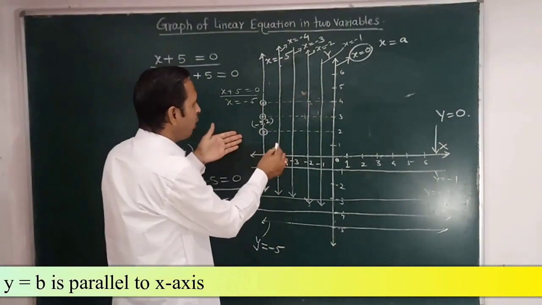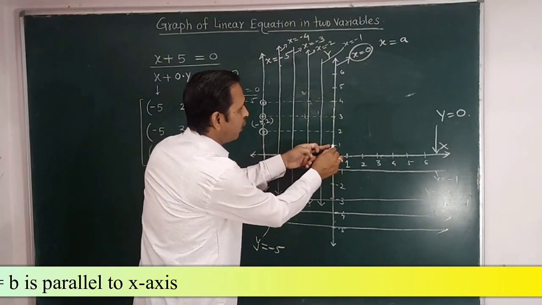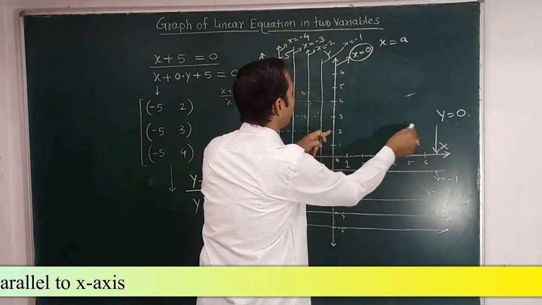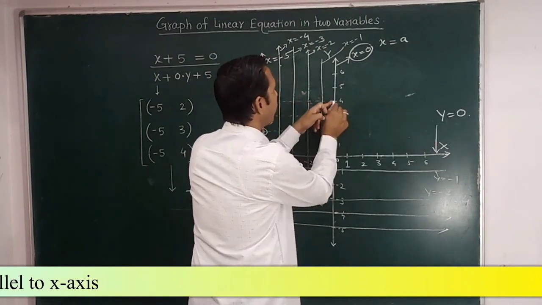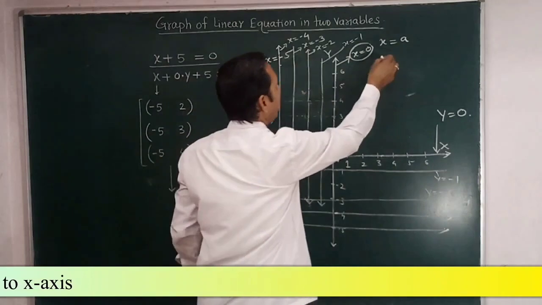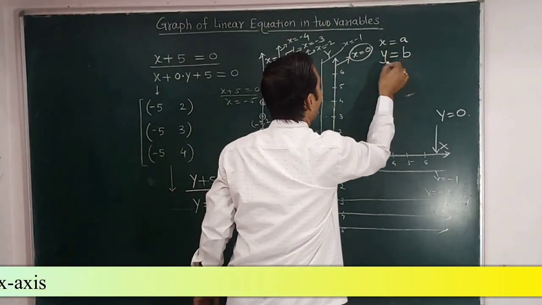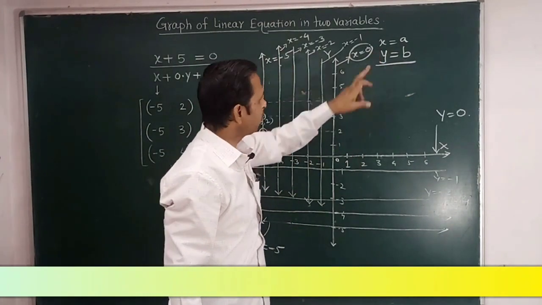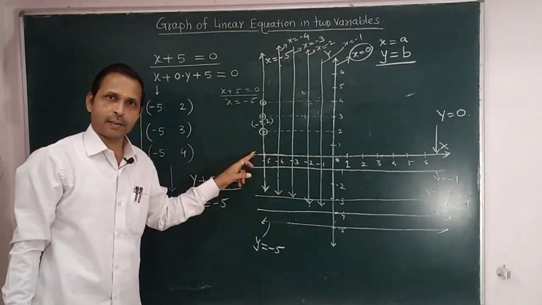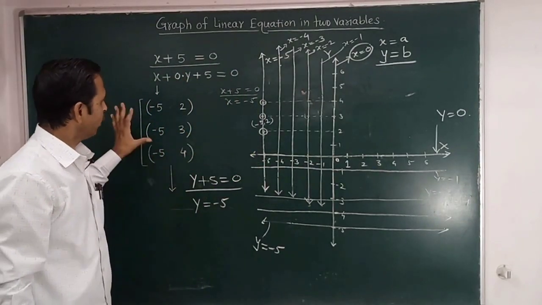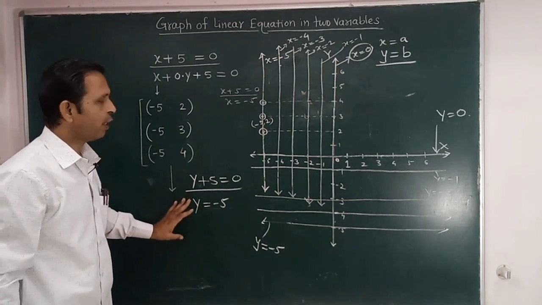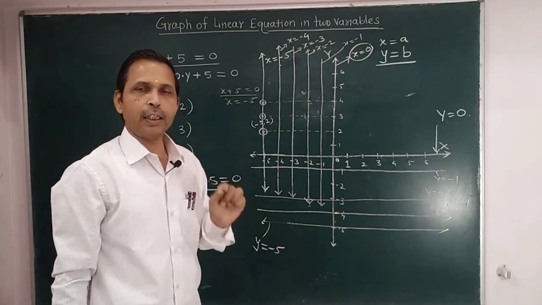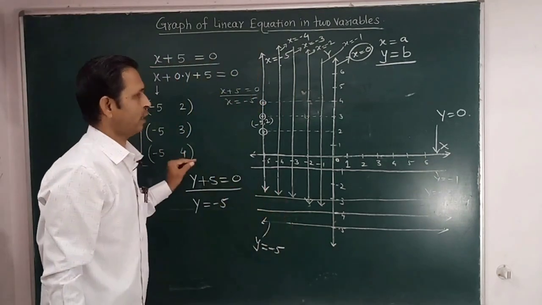Now if you draw different lines passing through 1, the equation is y is equal to 1, passing through 2, y is equal to 2, y is equal to 3, and so on, means when the equation is of the type y is equal to b, such an equation is always parallel to the x-axis. We conclude that the graph of the equation in one variable is always a straight line and it is parallel to any one axis.